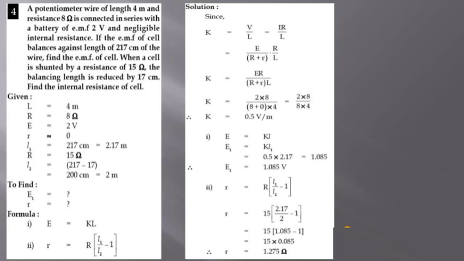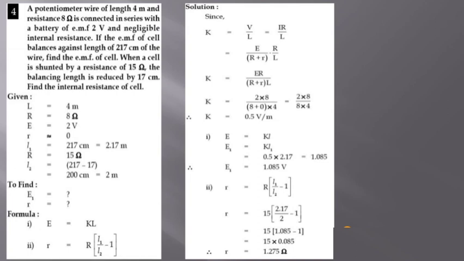If the EMF of the cell balances against length of 217 centimeter of the wire, find the EMF of the cell. When the cell is shunted by a resistance of 15 ohms, the balancing length is reduced by 17 centimeter. Find the internal resistance of the cell.